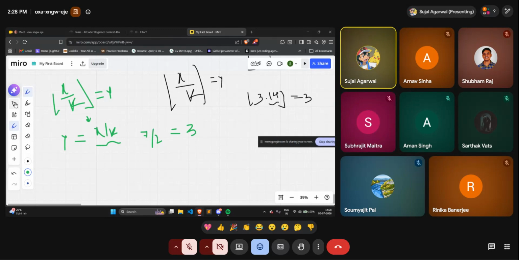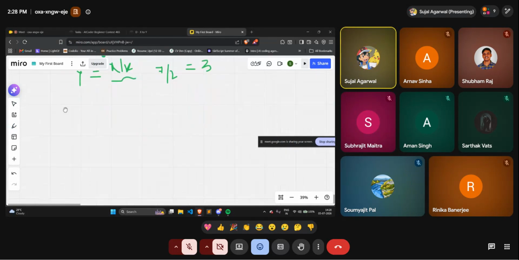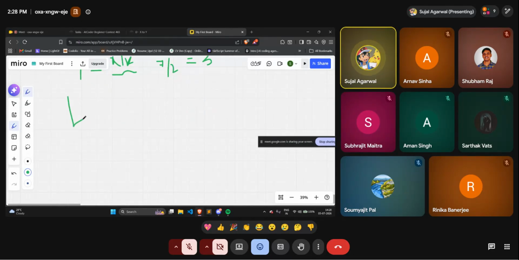So the next expression was something like this. The next expression was something like floor of y by k gives me x. And we need to convert it with respect to y because we are changing x to y.